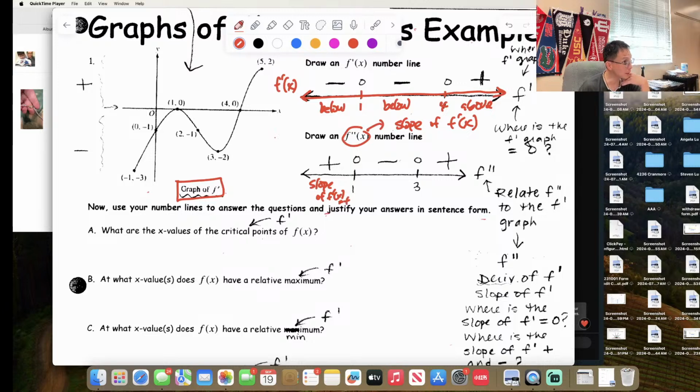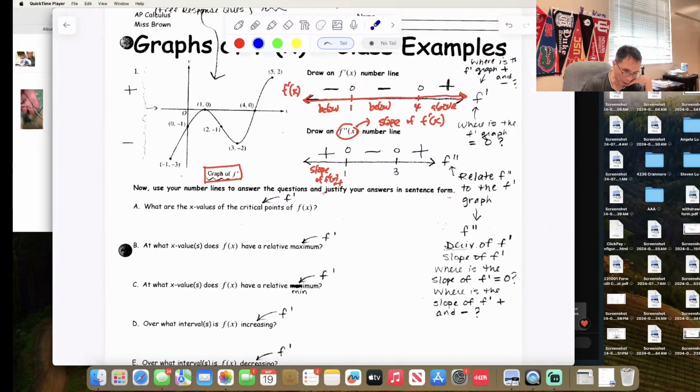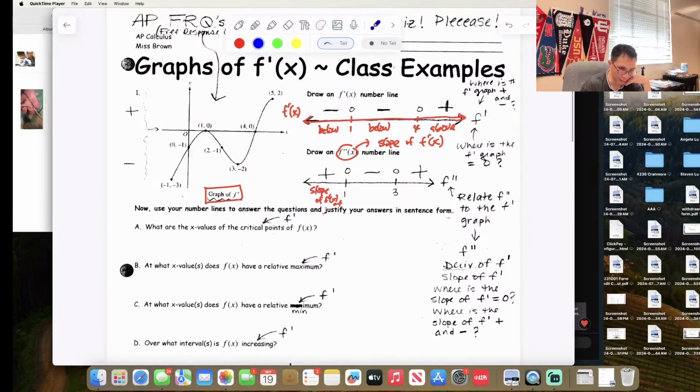Same thing, this part is going down, so it's negative, and going up is positive. Is that okay? Now we're going to answer all the questions. We have those number lines set up. So on your test, write out a number line, and then we can analyze the rest.